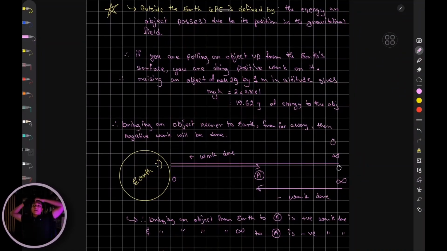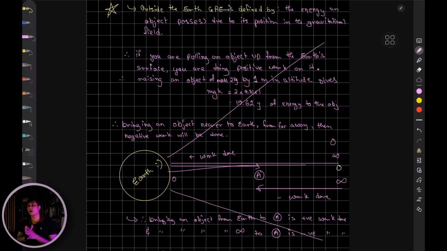It's because at infinity, there is no gravitational field strength of the Earth. The field lines of Earth are so far away that no amount of force is exerted on an object that is infinitely away from Earth. So, at infinity, mind you, no force is being exerted on the object. Therefore, the energy the object will possess is zero.